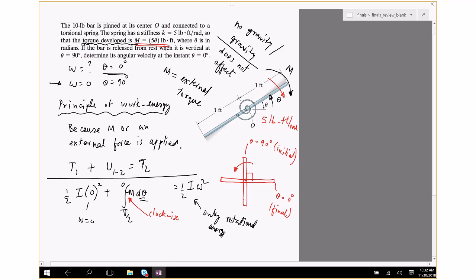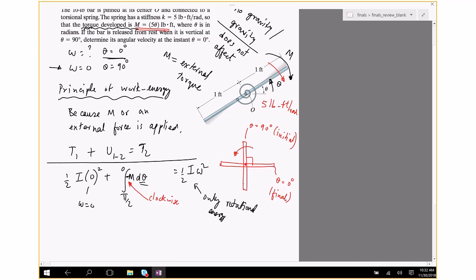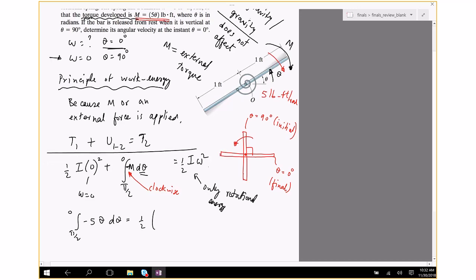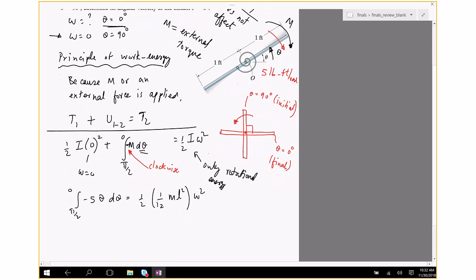So it's negative because it's clockwise, and so what we've got to do is integrate from pi by 2 to 0 of minus 5 theta d theta equals half I omega squared. The inertia of a rod about its center of mass is 1 divided by 12 mass times length squared, so minus 5 theta squared divided by 2.